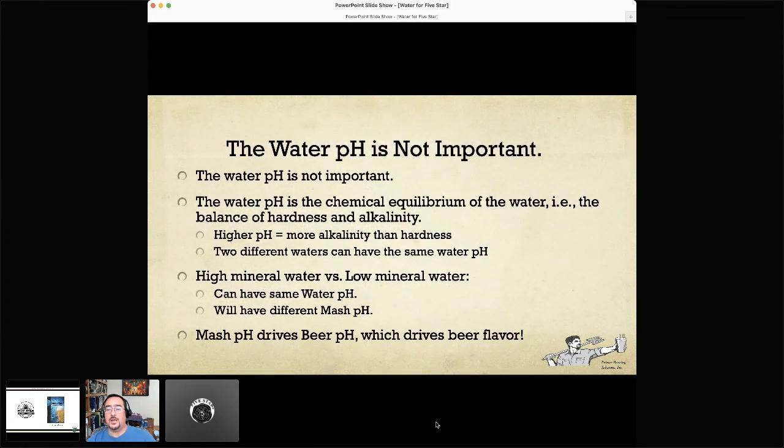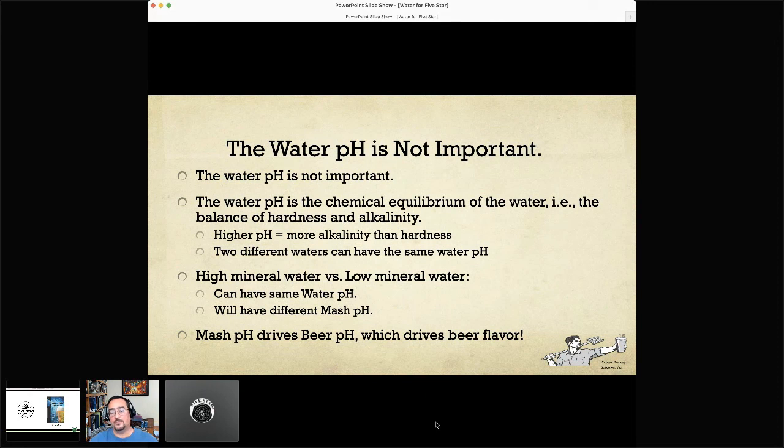The water pH is not important. So often I get brewers worrying about their water because their water pH is 8.5 or 9. But the water pH is not important. What's important is the mineral content of the water. Okay? pH is essentially a measure of chemical equilibrium, the balance of hardness to alkalinity.